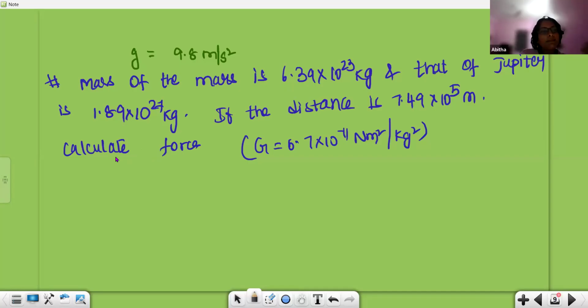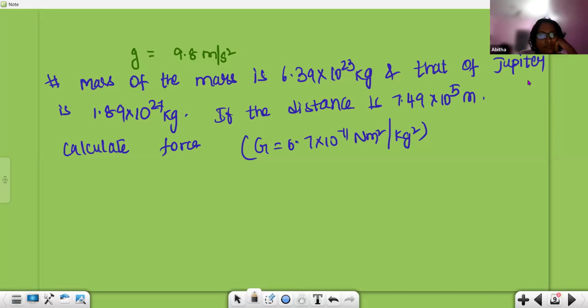What we need to find here? Read the question properly. If the mass of Mars is 6.39 into 10 to the power of 23 kgs, that of Jupiter is 1.89 into 10 to the power of 27 kgs.